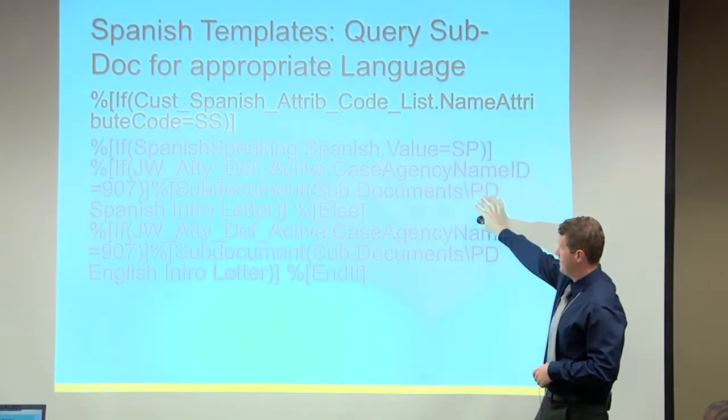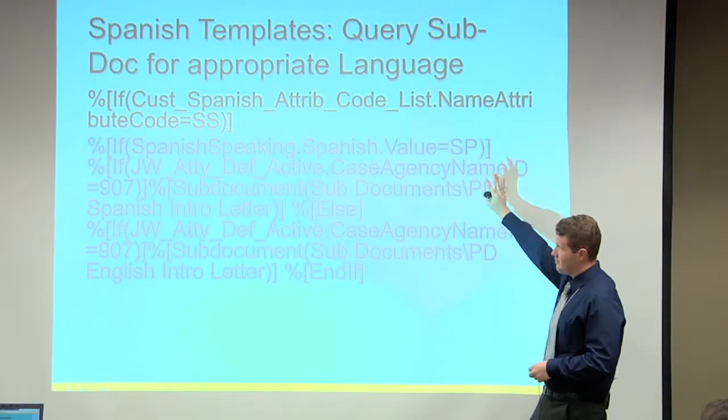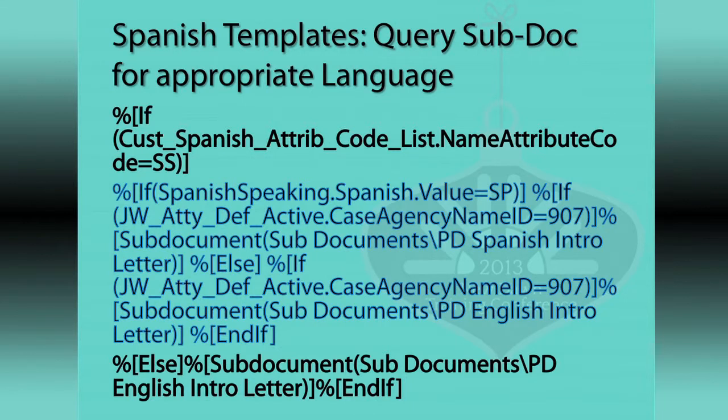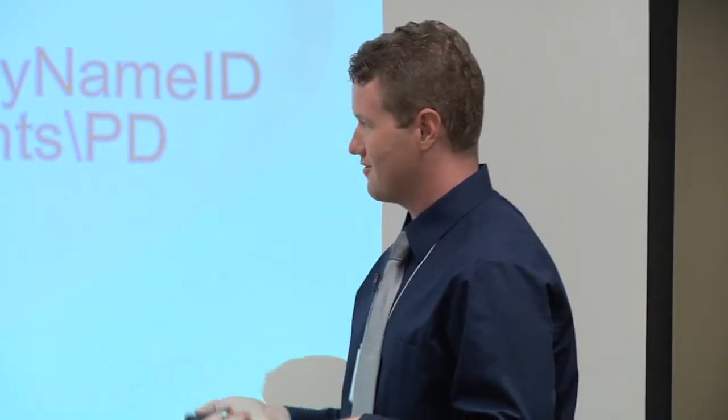And then if they answer that they want it in Spanish, go ahead and pull the PD Spanish intro letter. Else, because the only other option is English, go ahead and pull the English intro letter. And then this is really important. I stared at this if, else, end if, else, end if, which is all embedded in itself, for like 10 minutes to make sure that I had it all correct.